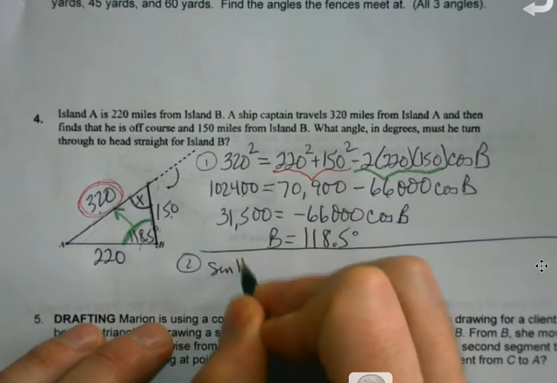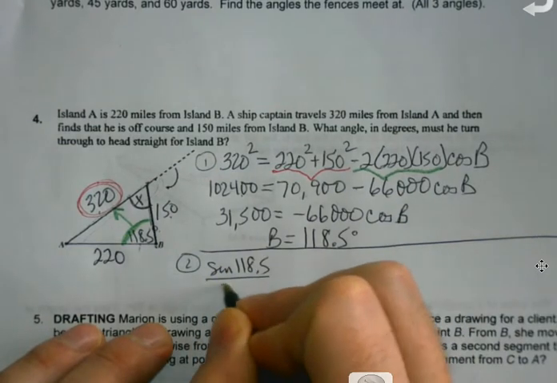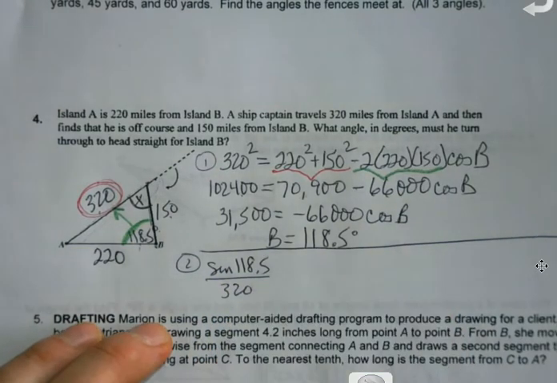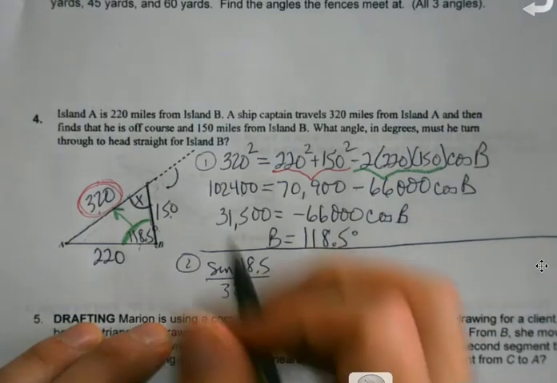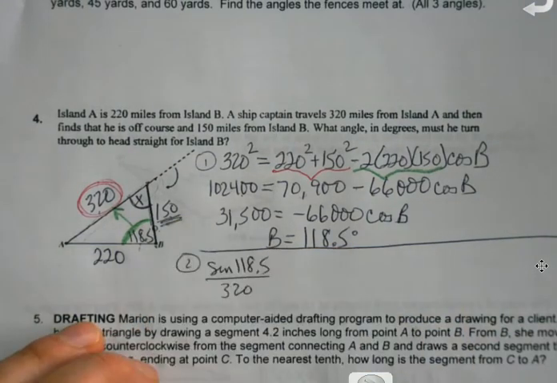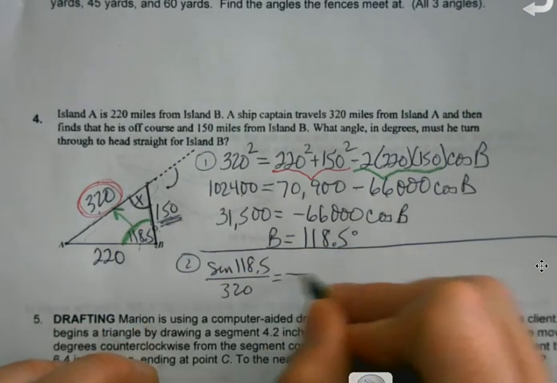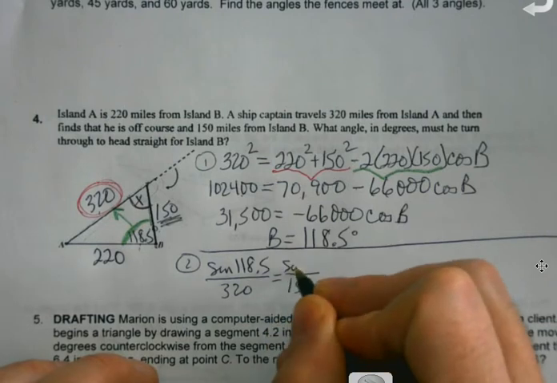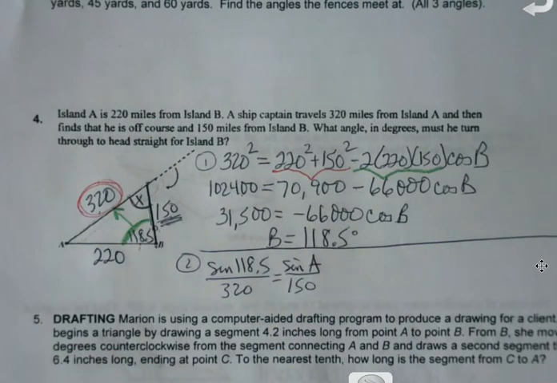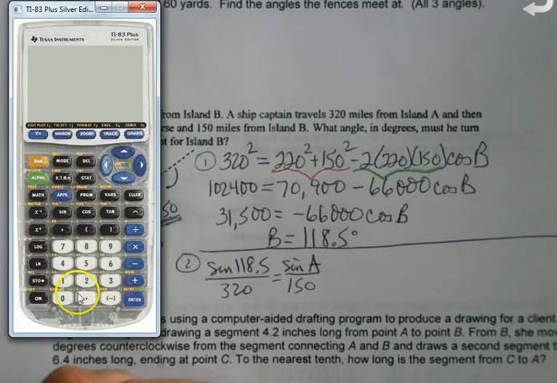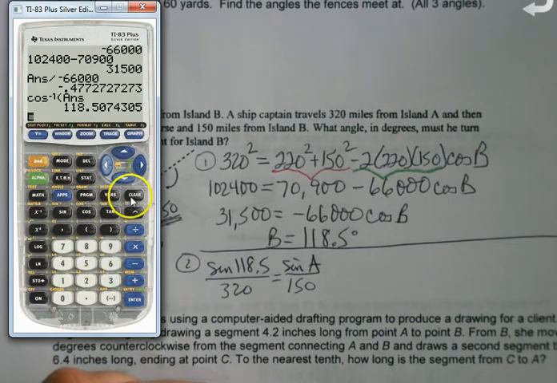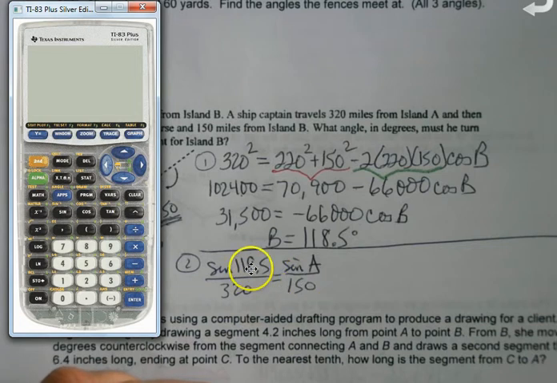I've got the sine of 118.5 over my corresponding side. And as we said, unfortunately, we have to deal with the shorter side here. So 150 over the sine of A. But then we will have our last step, which will be easy to work with. So again, pop the calc up. Cross multiply again.